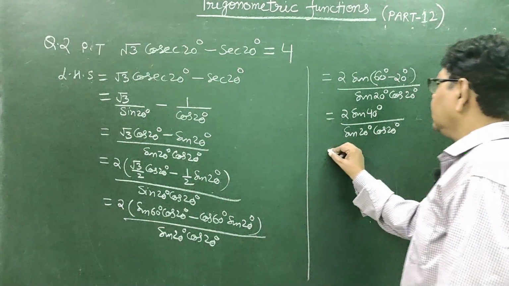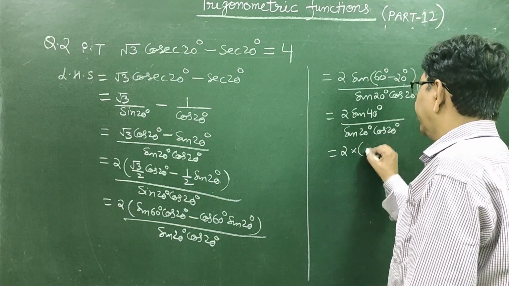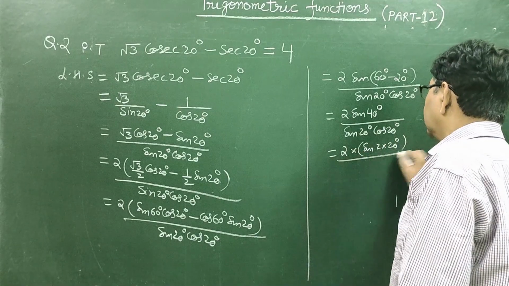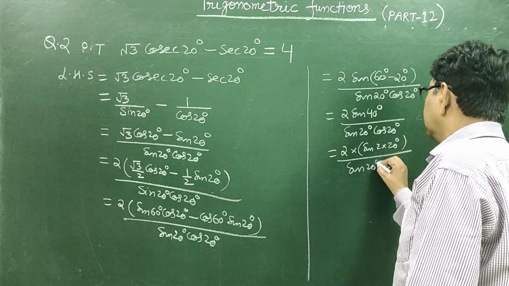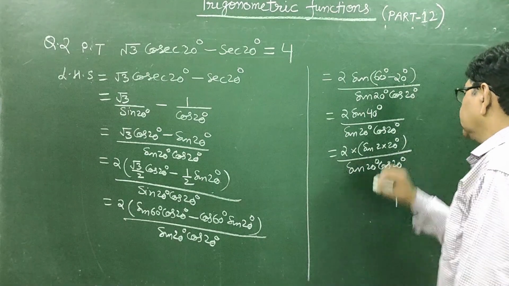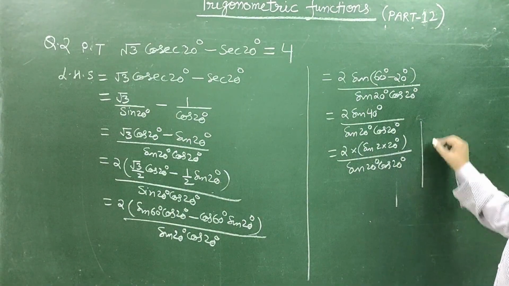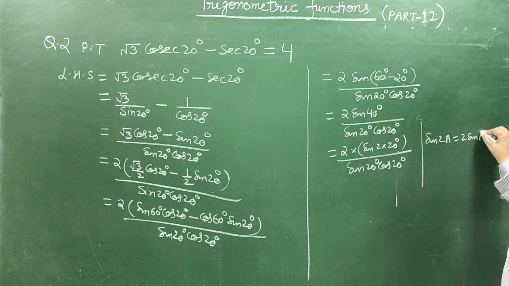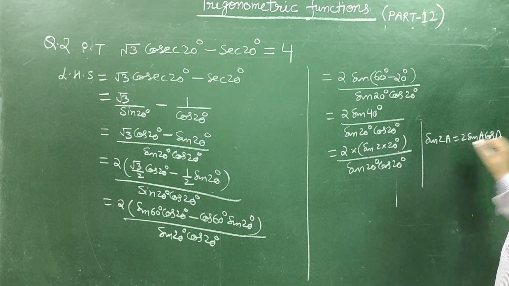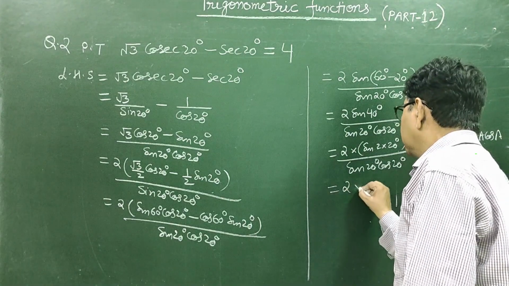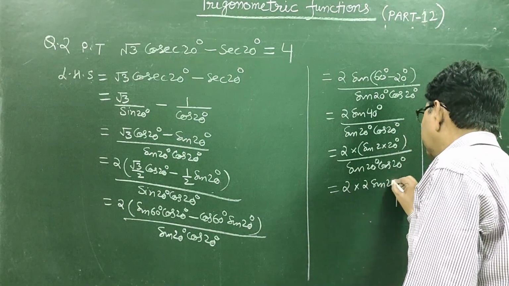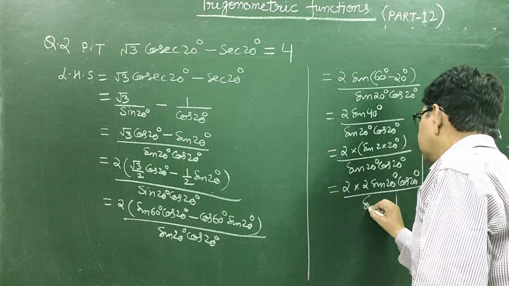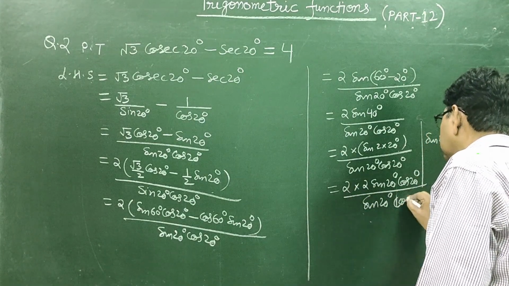Now this sine 40 you can write as sine of 2 into 20 degree upon sine 20 degree cos 20 degree. And students, you know sine 2A is equal to 2 sine A cos A. So I can write this is equal to 2 into 2 sine 20 degree cos 20 degree upon sine 20 degree cos 20 degree.